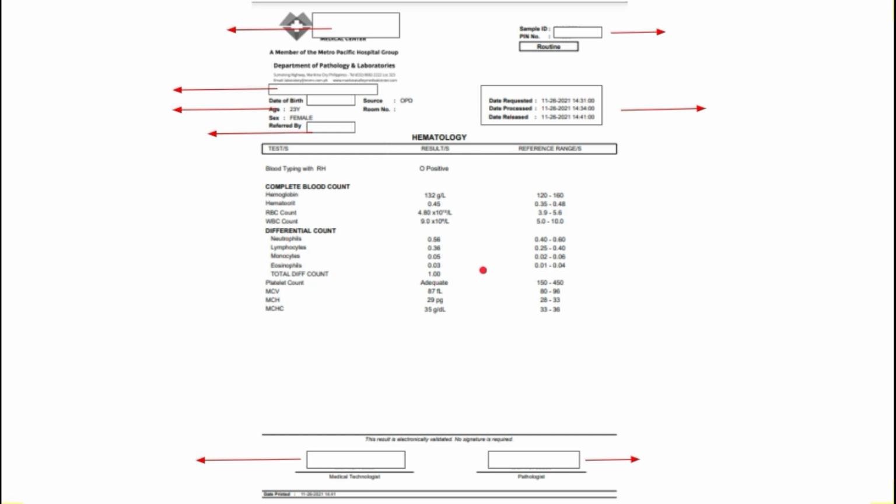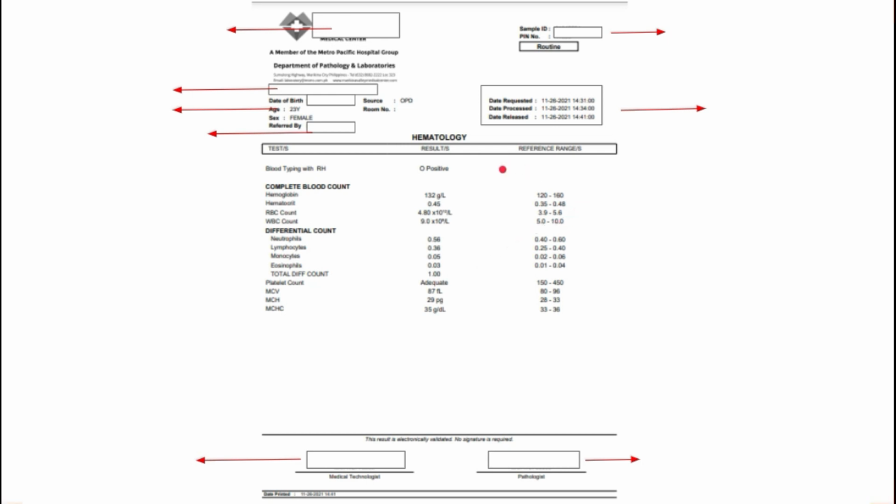There can be a slight variation of reference range from one laboratory to another. So, pwedeng medyo may konting pagkakaiba silang dalawa. So, para malaman po ng ating mga provider or doctors na ito ang reference range ng laboratory na ito, dapat nakalagay po siya sa lab result form.